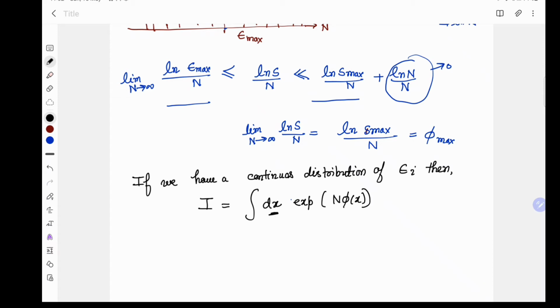This x may be energy or something else depending upon the situation.